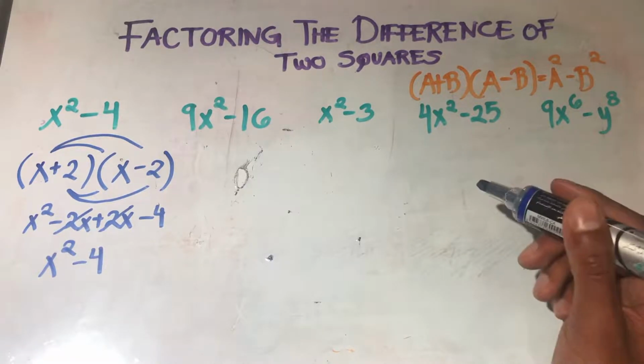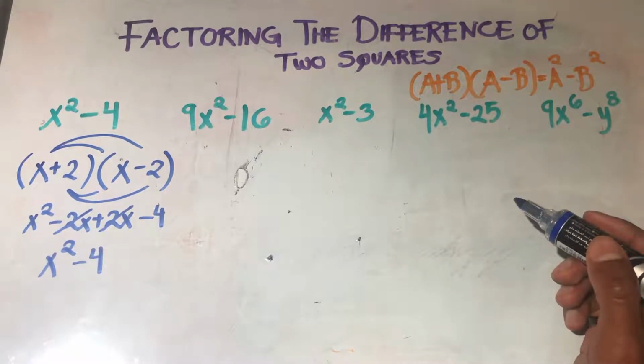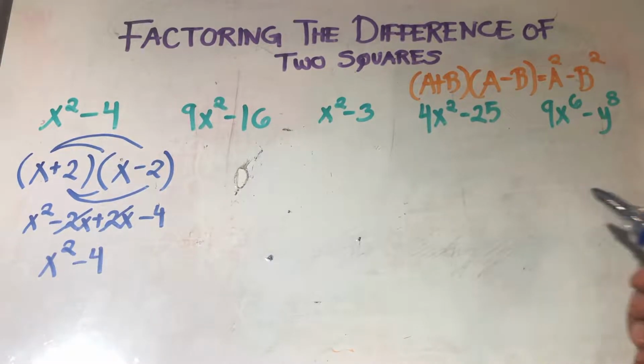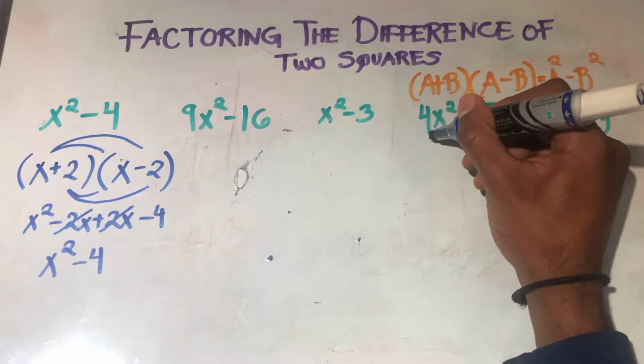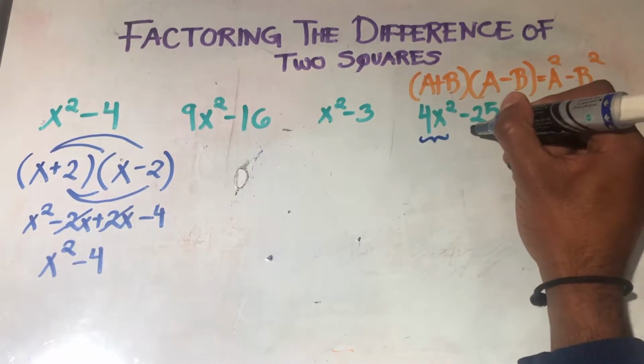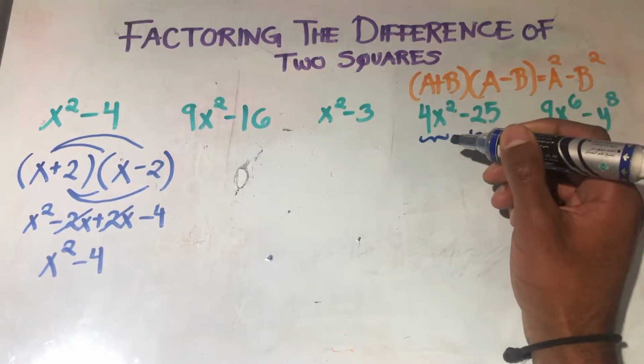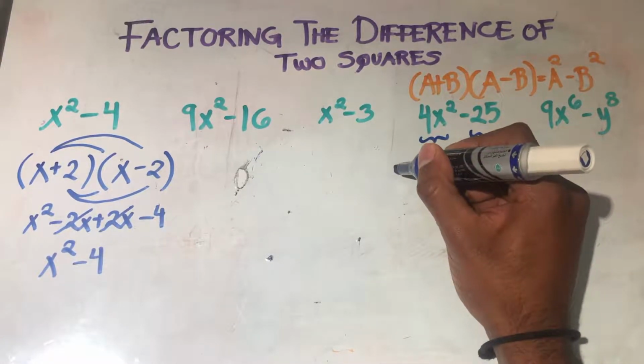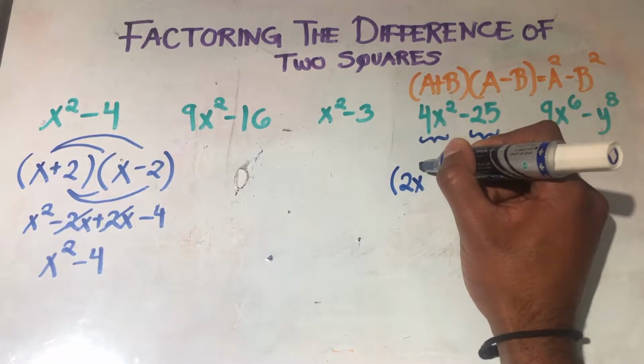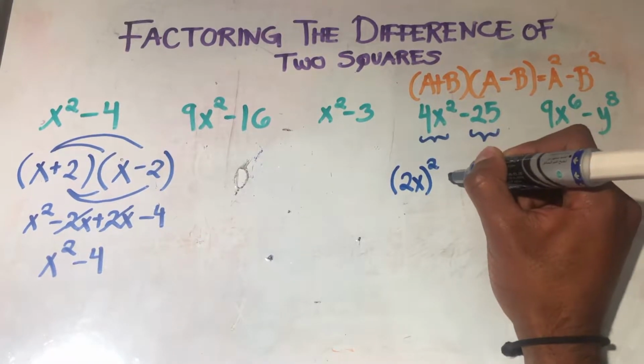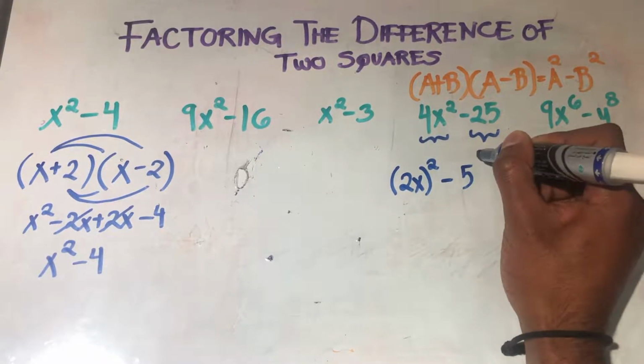Now we have 4x squared minus 25. So this quadratic, we can see here that we can rewrite this as 2x squared minus 5 squared.